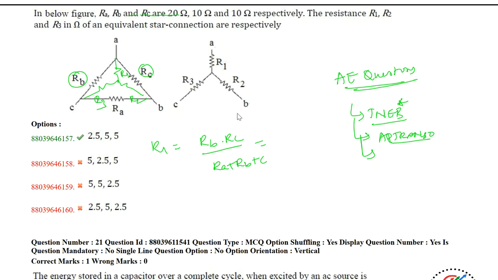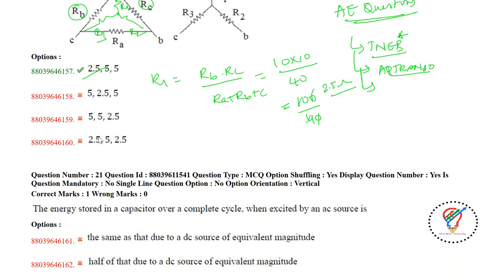Here RB and RC are 10 into 10, so 10 into 10 divided by the total resistance, 20 plus 10 plus 10, which is 40. So it is 100 divided by 40, which is 2.5 ohms. Like this you can calculate all the values of resistances here. The answer will be 2.5.